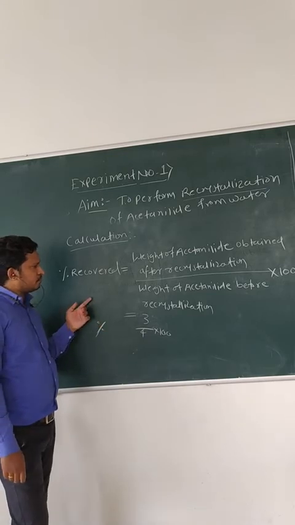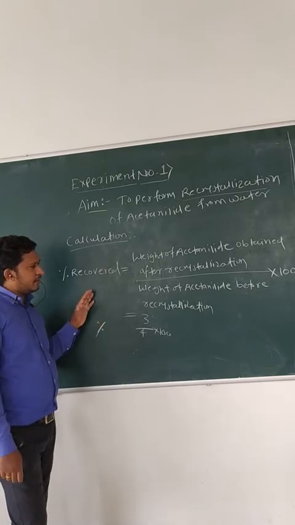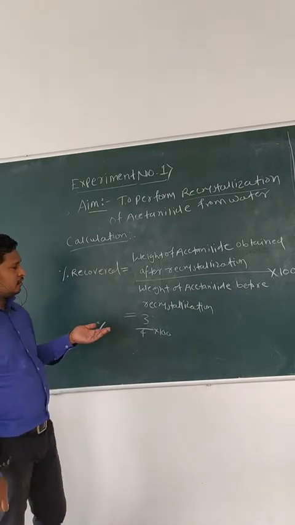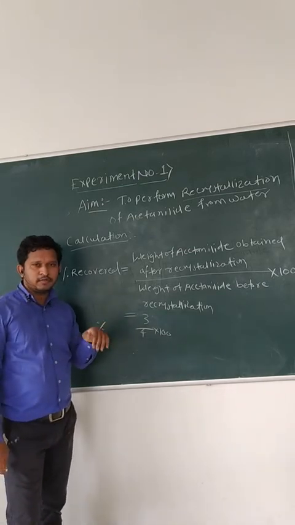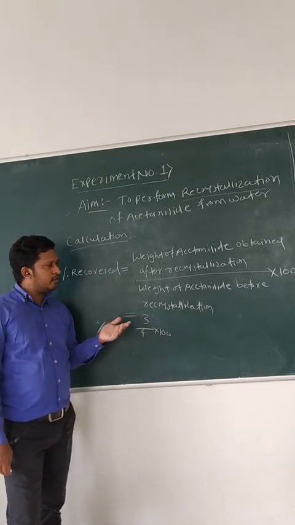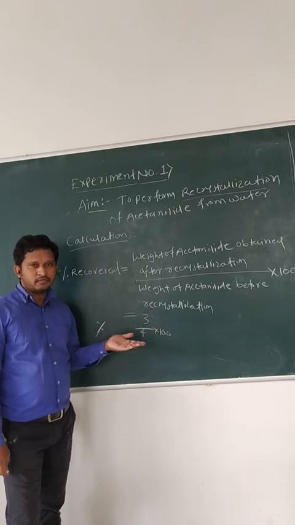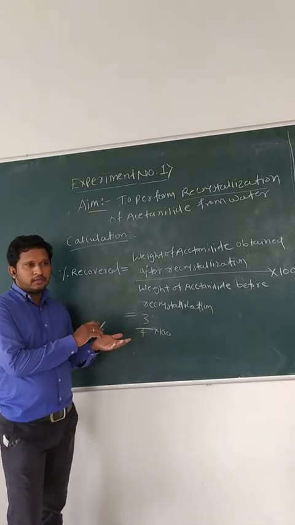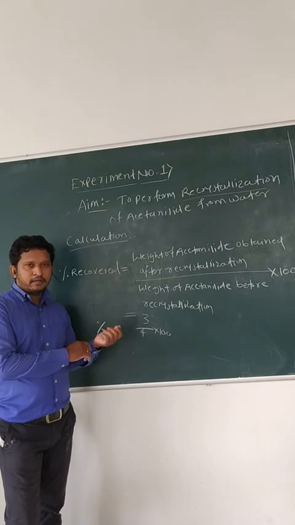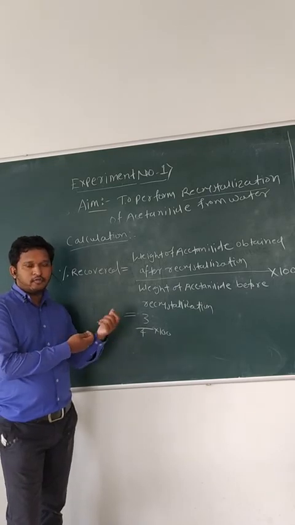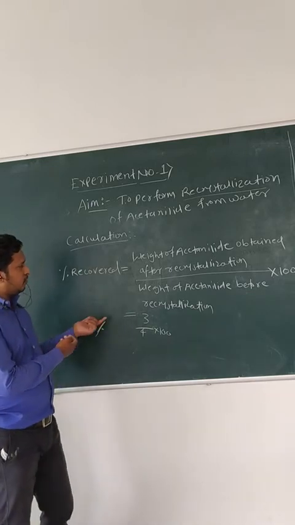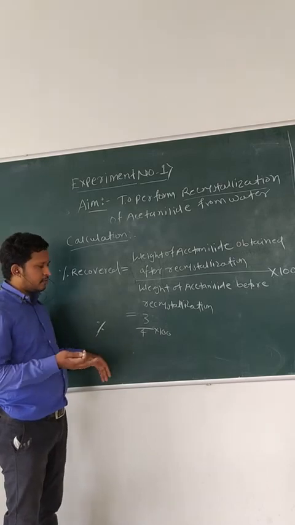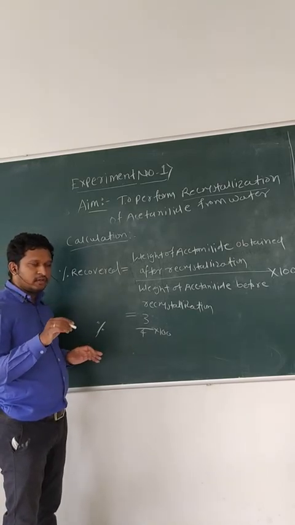So basically, if we heat the solid in the solvent, it gets dissolved. The impurities also dissolve in that solvent, and after cooling we again get crystals of the pure solid. The impurities remain dissolved, and after filtration on the filter paper you get only the pure crystals of the solid, and the impurities pass through the filter into the liquid.